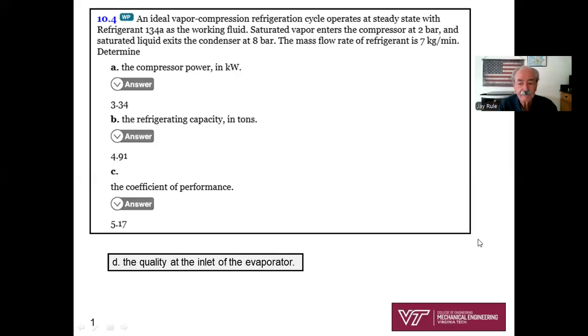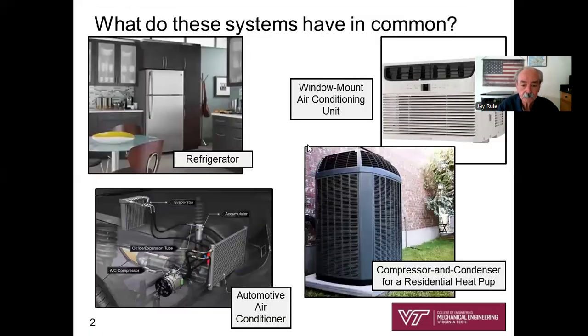Let's start diving down and see what the fundamentals are associated with an ideal vapor compression refrigeration cycle. What do all these things have in common? A refrigerator in your kitchen, a window mount air conditioning unit. You see outside a compressor and condenser contained in this gray louvered device outside your apartment or townhouse or home.